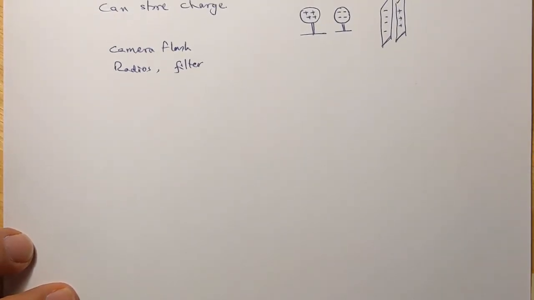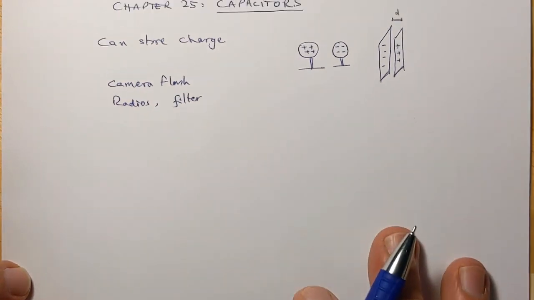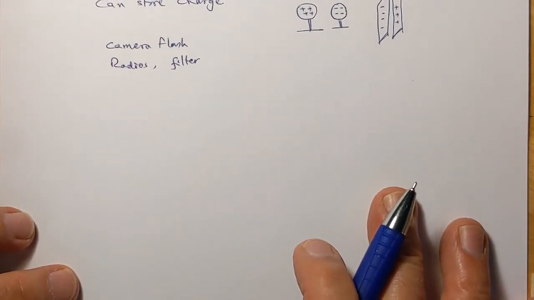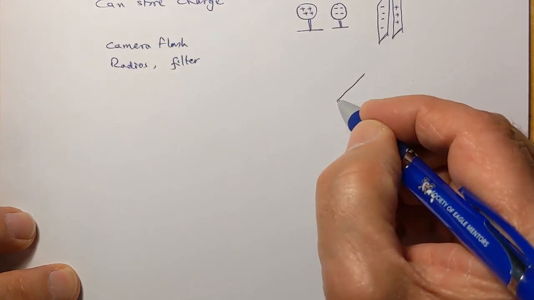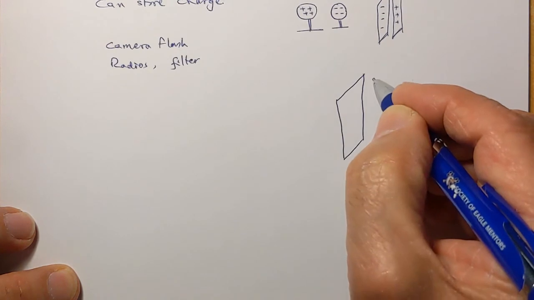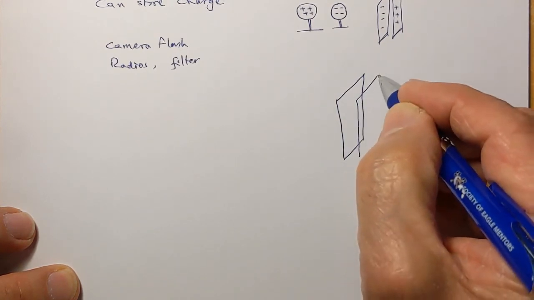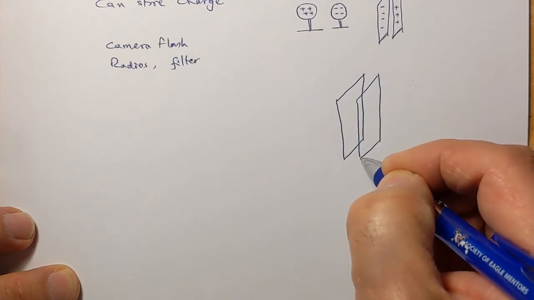Now let's see how much charge a capacitor can store. So let's suppose we take a parallel plate capacitor. We take a plate and we take another plate which is parallel to the first one.